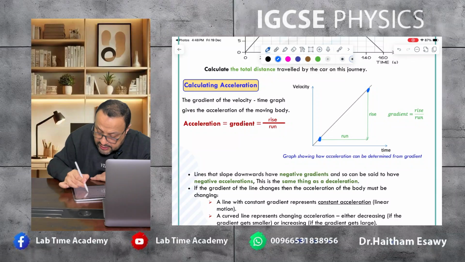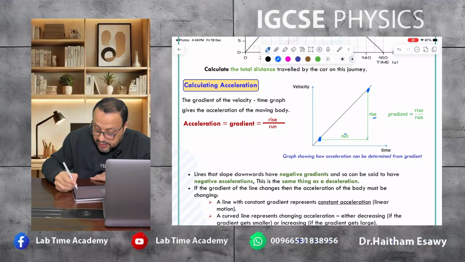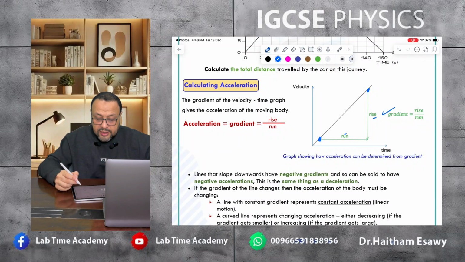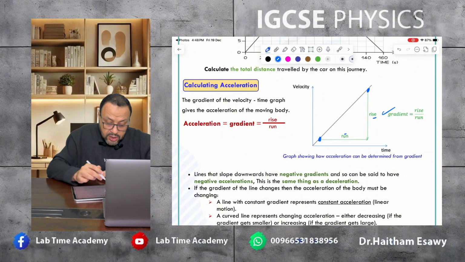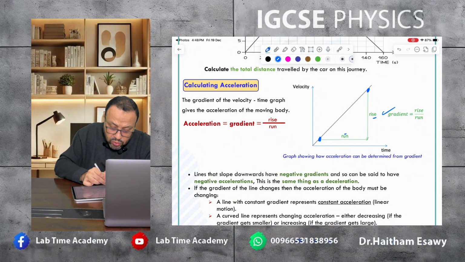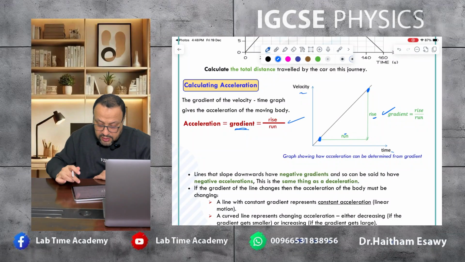So we have rise and we have run. Just divide rise over run to get the gradient or the slope, as we will see in many examples later, inshallah. So calculating acceleration, it will be the gradient of the velocity time graph, equal to rise over run.